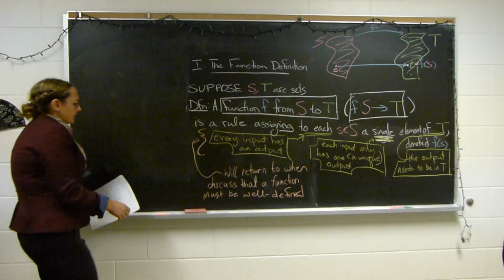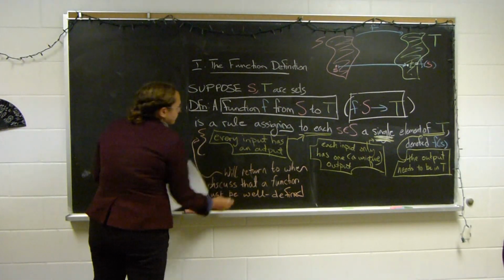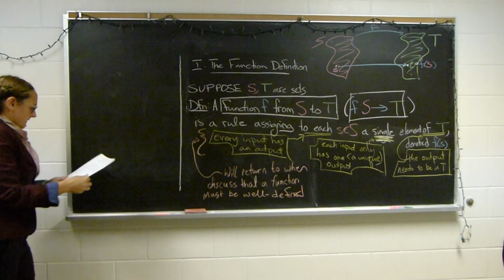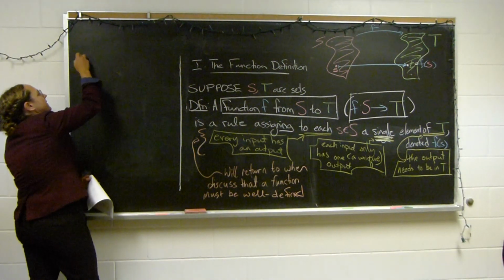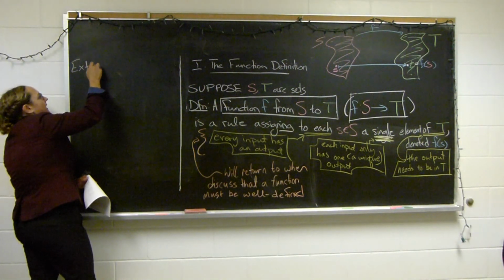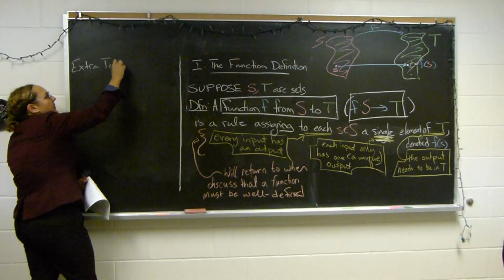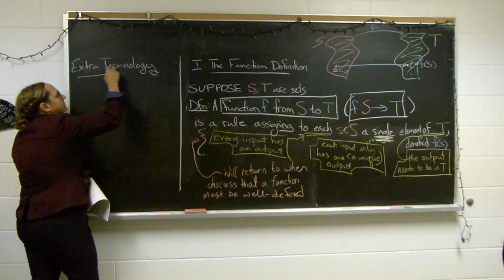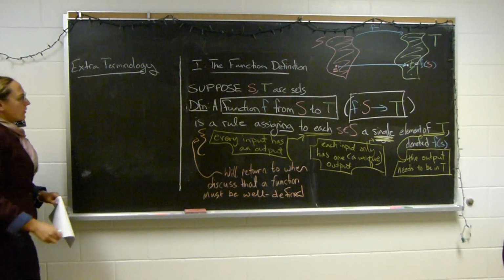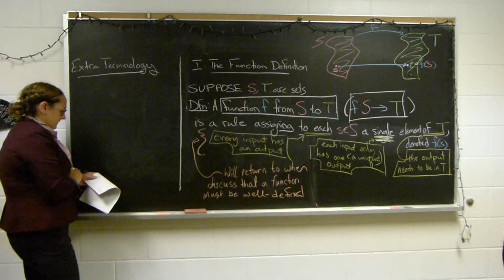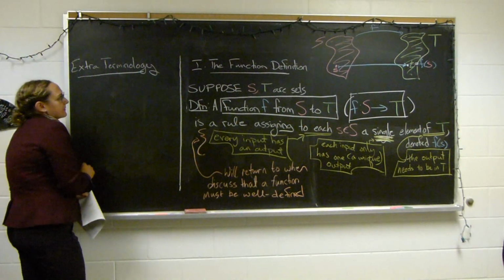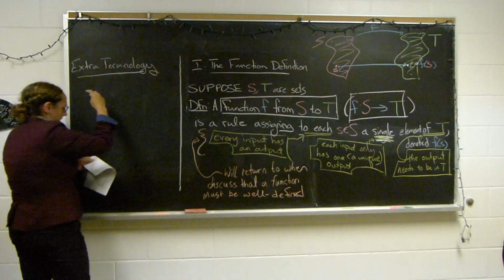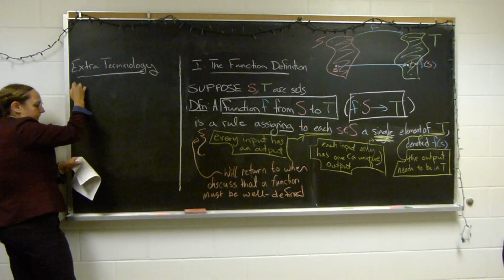And then we have just a little bit of extra terminology here. There's going to be more terminology later, but for the moment, there's a name for this S. So S is the domain of f.